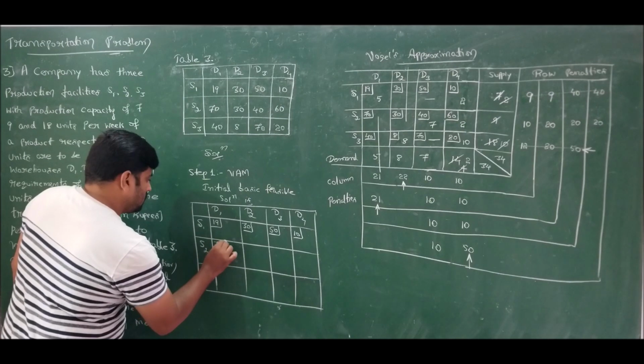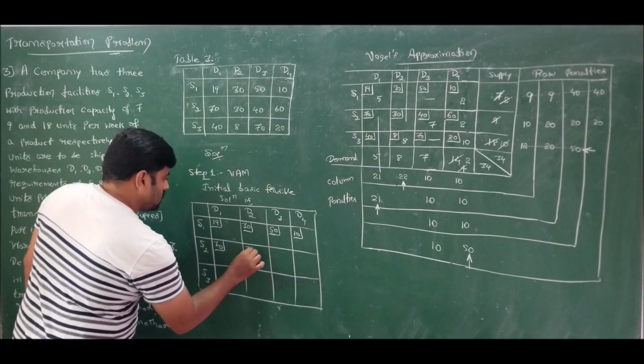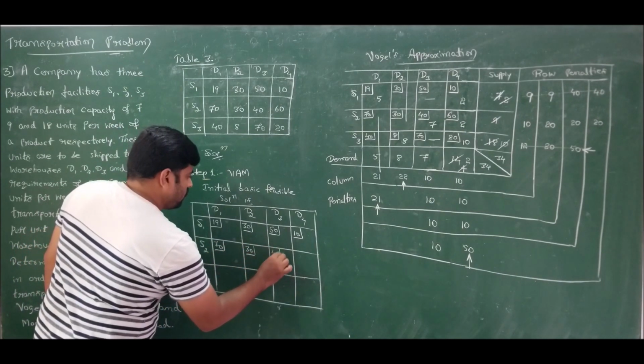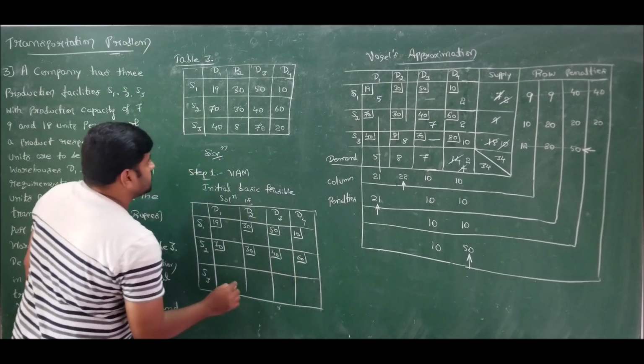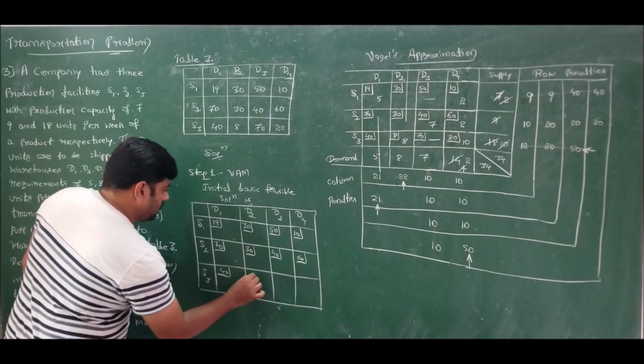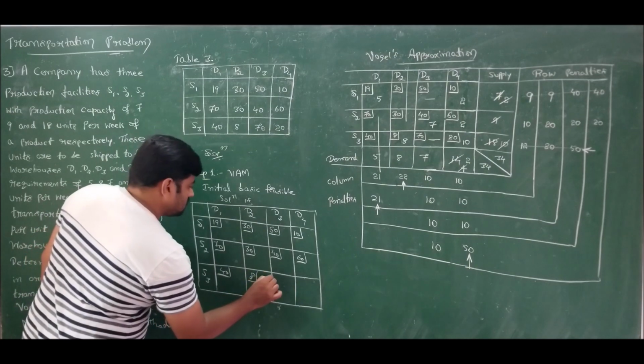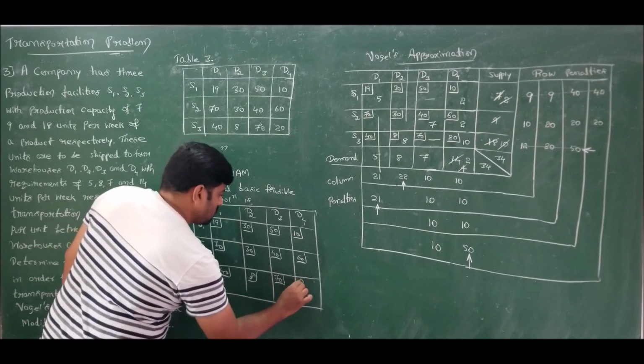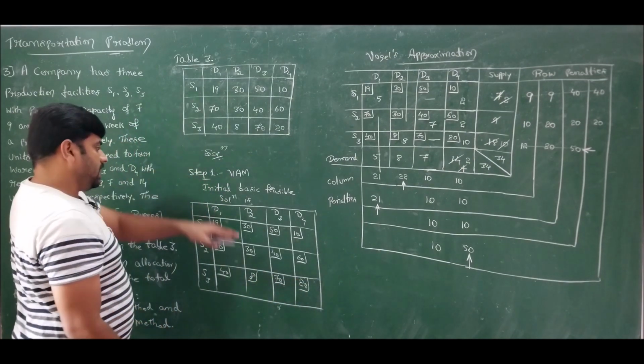Here we have 70, 30, 40 and 60. Next we have 40, 8, 70 and 20 as the cost.